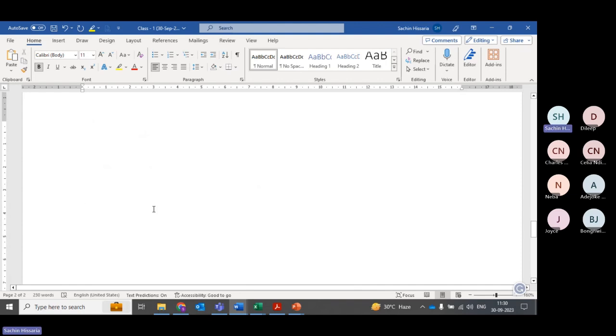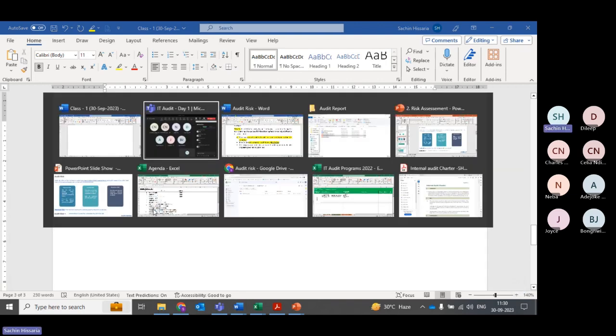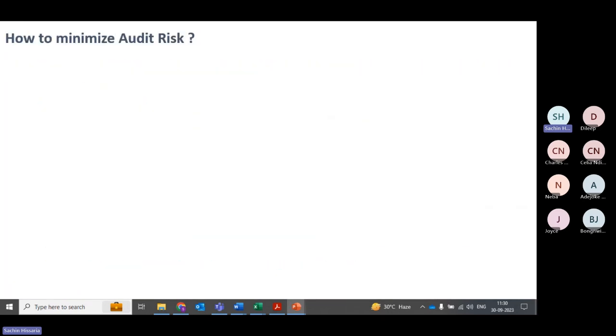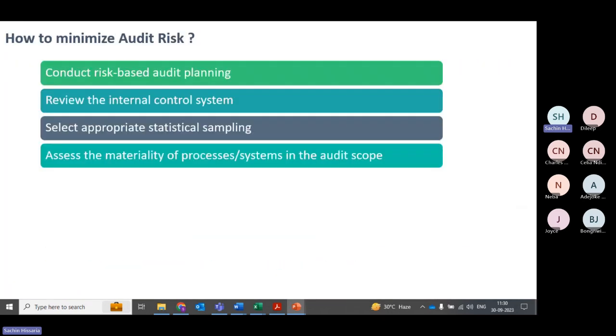Okay, fine. Now let's move to the next topic. We had discussed a risk. Now, as an auditor, how will you minimize the risk? So basically, as an auditor, you will conduct risk-based auditing. You will review the internal control system. You will select the appropriate sampling methodology.